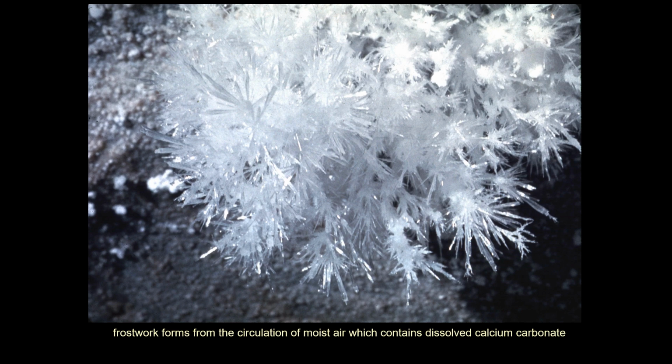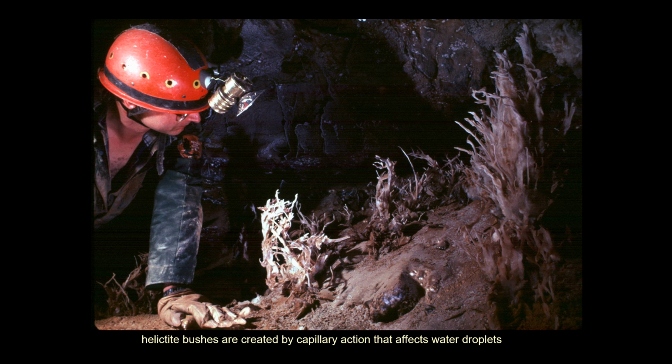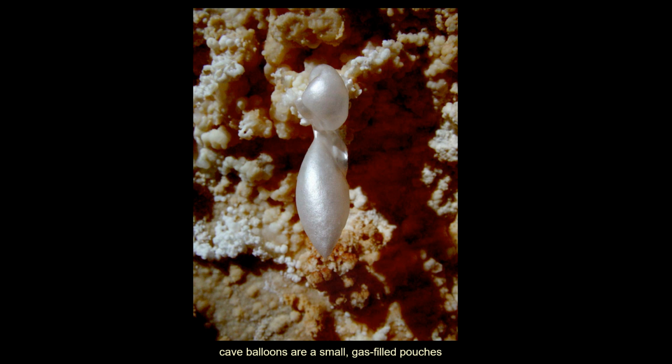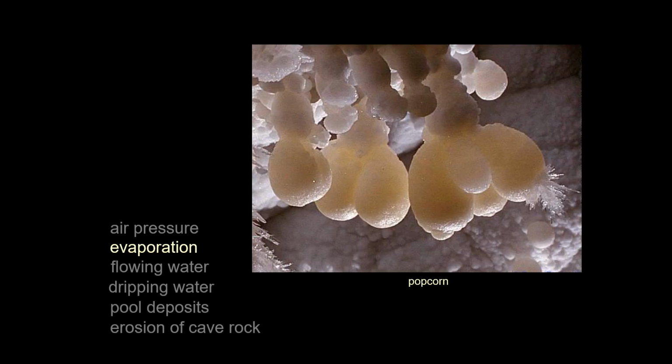Frostwork is formed by the circulation of moist air that contains dissolved calcium carbonate. So these are also very, very delicate. These brushes are created by capillary action, where water is pulled upward a little bit, and they're very unusual, also very delicate. Cave balloons, small gas-filled pouches, kind of strange looking.